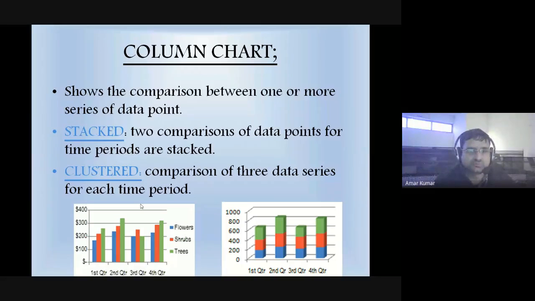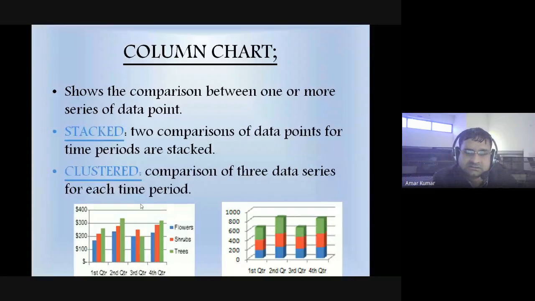Column chart is divided into two types: stacked and clustered. Two comparisons of data points for a time period are stacked. Comparison of three data series for each time period is known as clustered.